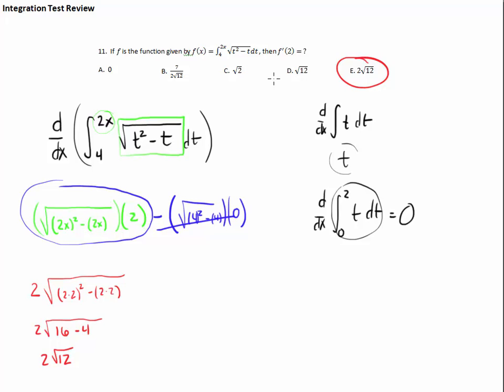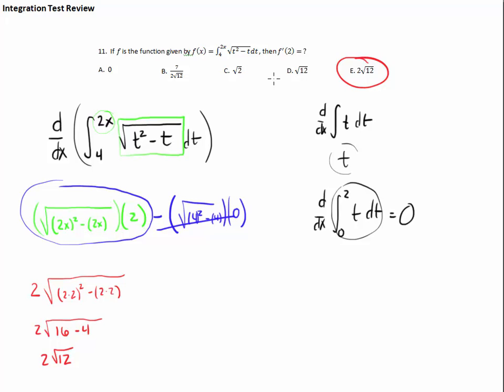Okay, so that's just a little thing to remember with this. It's the second part of the fundamental theorem of calculus, or the second fundamental theorem of calculus, for when you're taking the derivative of an integral. If it's an indefinite integral, it's just equal to whatever the integrand is. If it's a definite integral with constant bounds, it's just equal to 0.